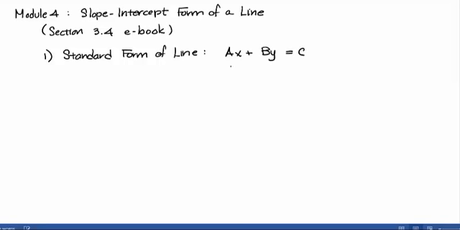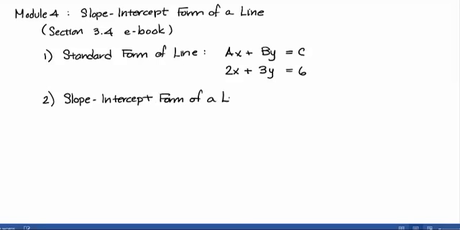Or in other words, as an example, I might have 2x plus 3y equals 6. Now we're going to be talking about the slope-intercept form of a line.